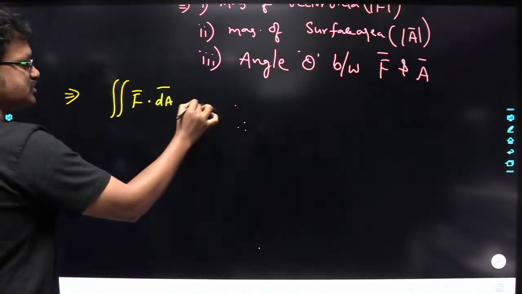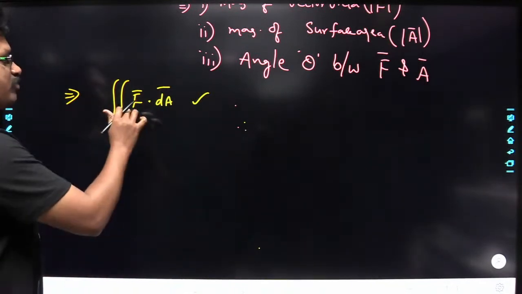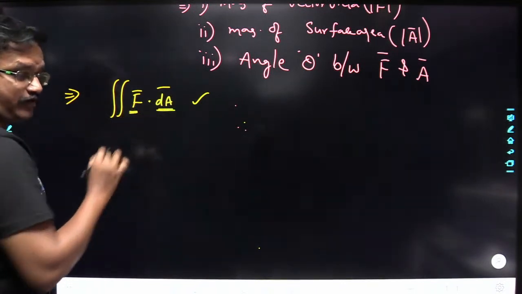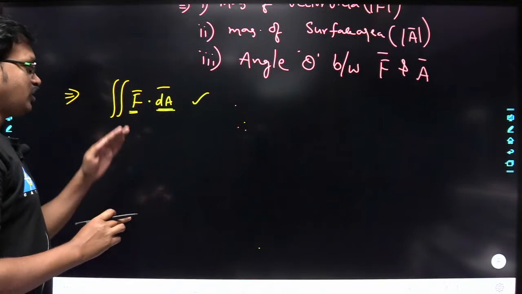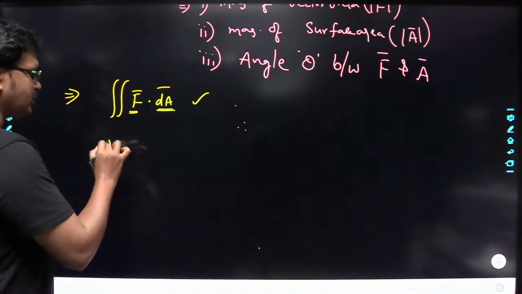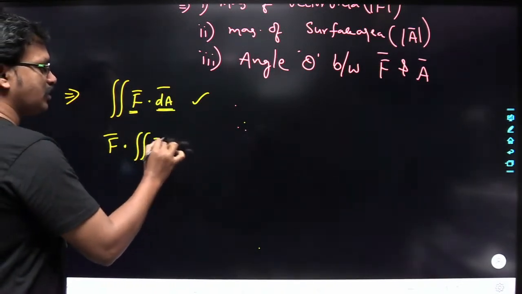Now if F bar is constant with respect to the integration variables, you can take F bar out of the integration. In that case, you can simply write F bar dot the double integral of dA bar. This is equal to what?